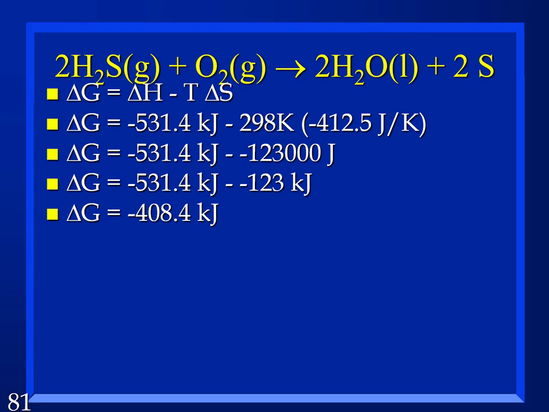So now when I add those numbers, I get negative 408.4. Is this spontaneous? Yes, it is because when I finally got to the end, delta G was negative. If delta G is negative, it's spontaneous.